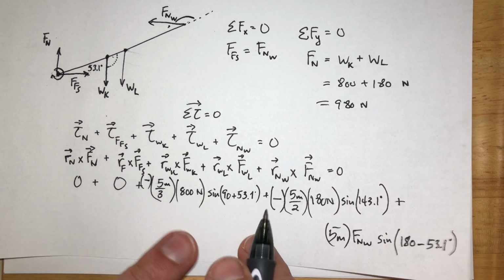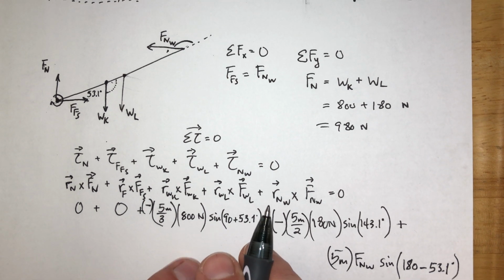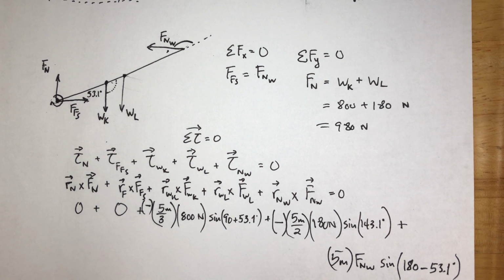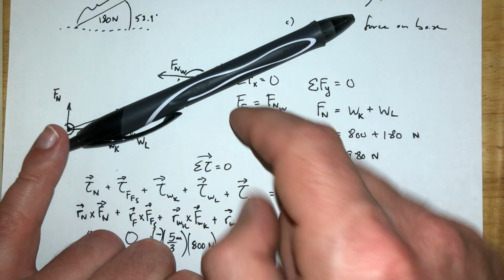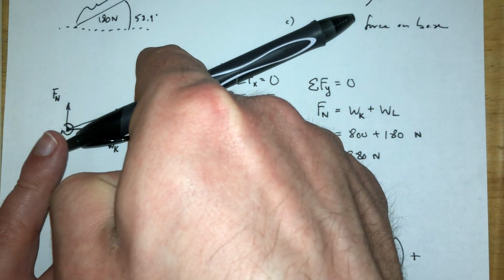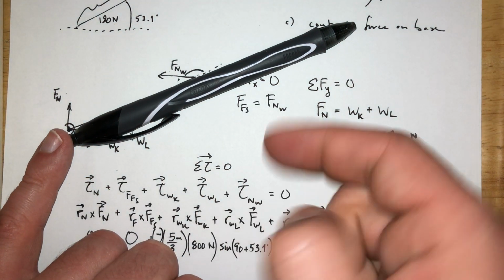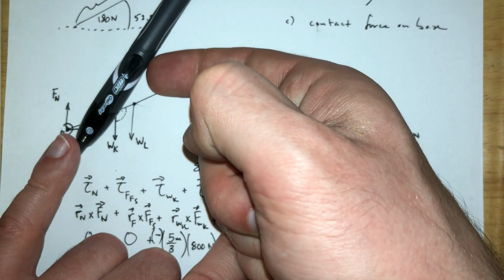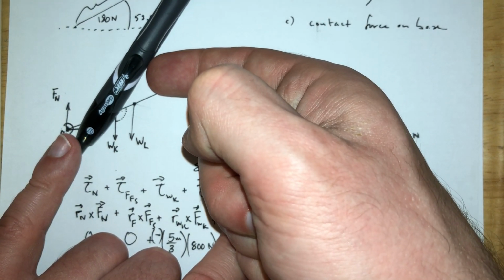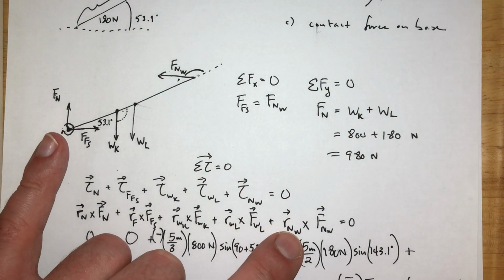All right, now is this a clockwise or a counterclockwise torque? If we fixed the axis of rotation here, this force, if it were to cause the ladder to rotate, would cause it to rotate counterclockwise. So let's keep this term positive.